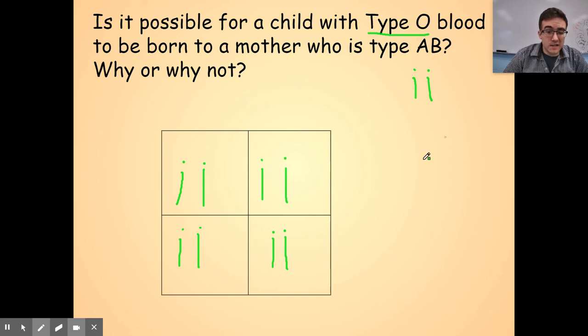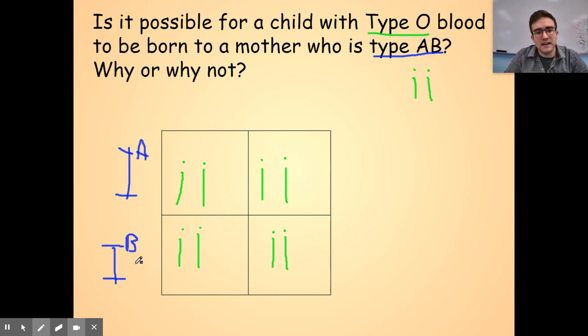And we know the mom is type AB. So if we were to write the mom's genotype over here, she's type AB, so that means she has an A allele and a B allele. We then see that it's not possible, because the mom is going to give either the A or the B to the child.